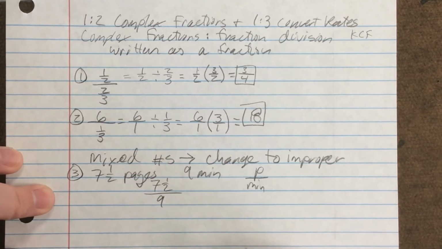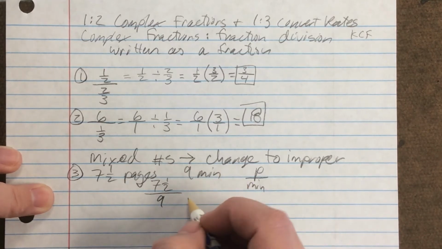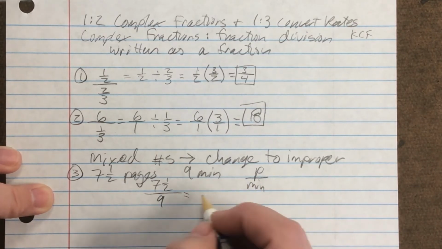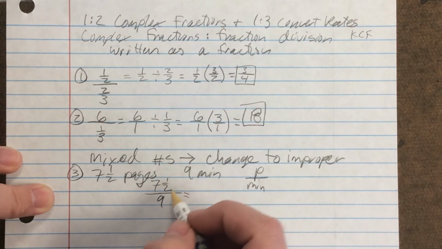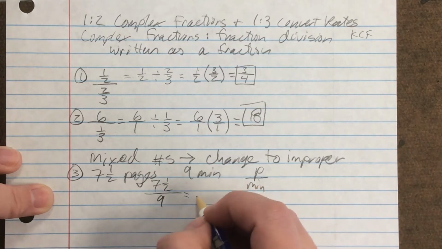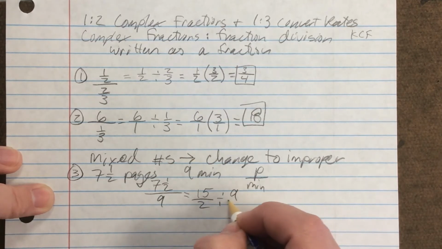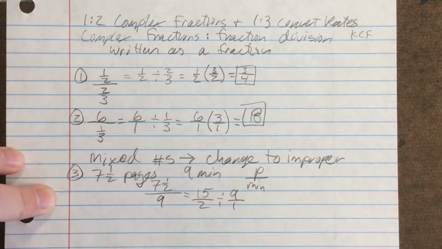We need to change the 7.5 to a mixed number, and I'm going to rewrite the whole thing. And I'm going to go down here since I wrote that over there. So 7.5, change it to an improper fraction. 2 times 7 is 14, plus 1 is 15. Keep the denominator. Divided by 9, and we've got to write that as a fraction, so 9 over 1.